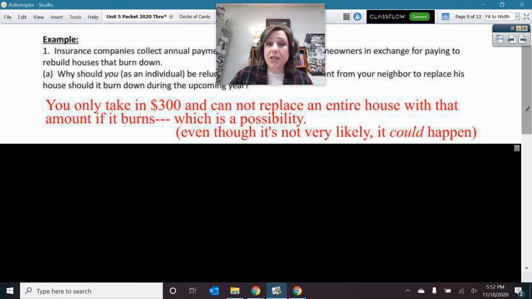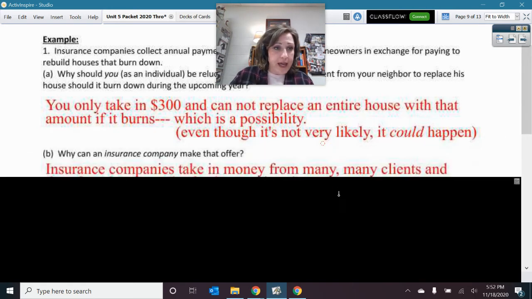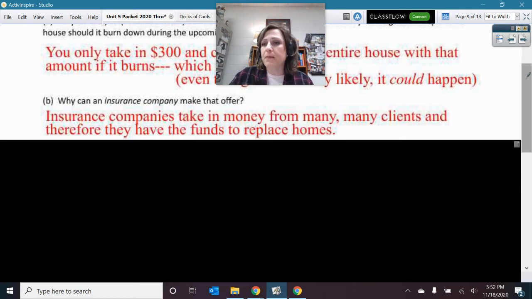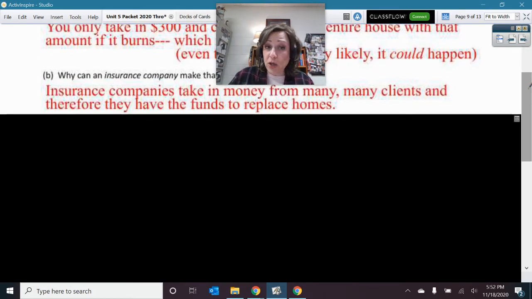But insurance companies have many, many clients, and so they know they're going to be taking in much more money than they will be paying out. One of the main jobs that statisticians do is called an actuary. Actuarial tables are created from data, and statisticians create these tables that companies then set their fees on.